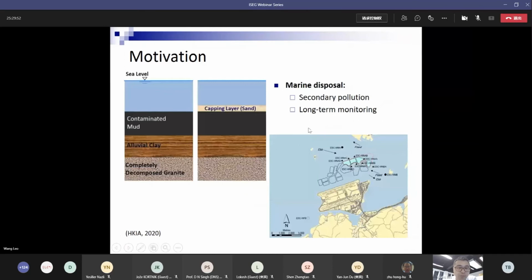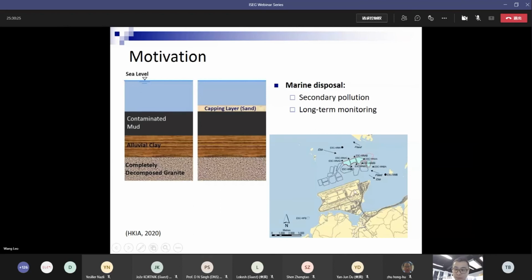The conventional method for sediment remediation is just the disposal of sediment in mud pits. The sediment is transported to the mud pits and covered with clean sand. But this method easily leads to secondary pollution due to nearby marine activities, so it needs long-term monitoring.